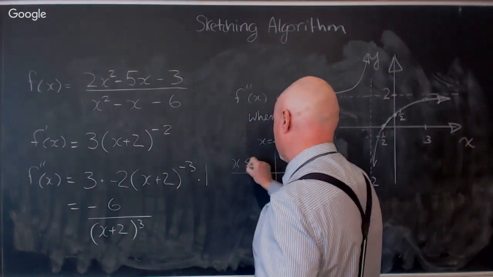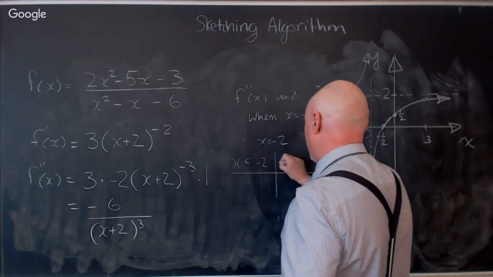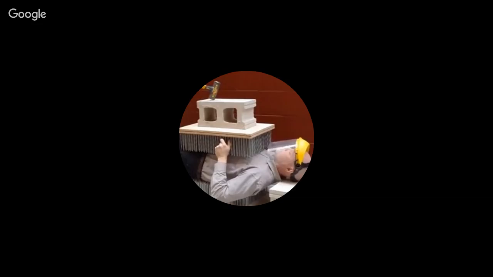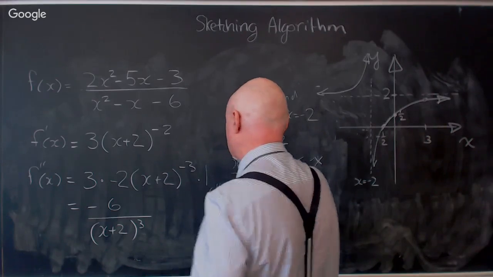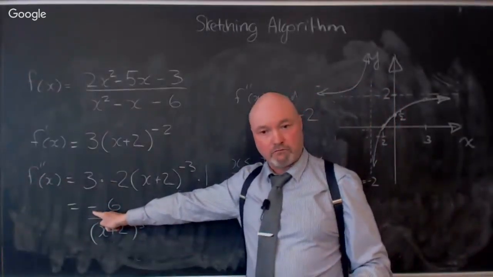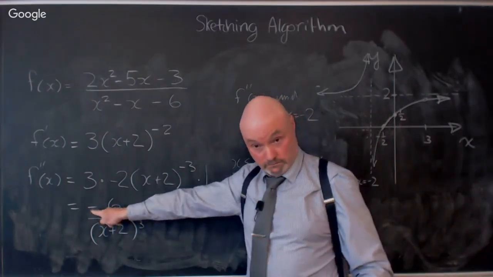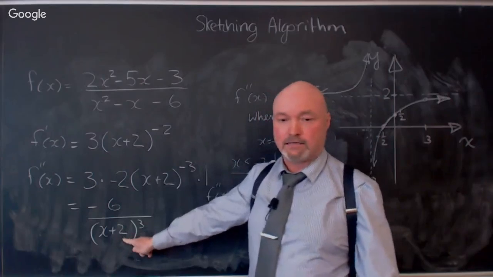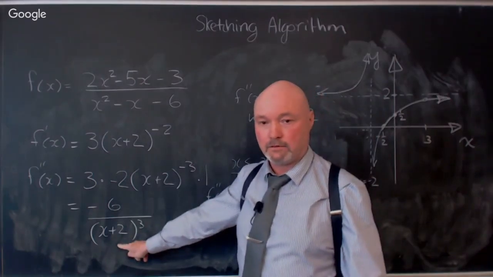Okay, so x is less than -2, and -2 is less than x. And we're interested in the value of the second derivative. This has got a negative sign out in front of it, so we just have to remember that negative sign. Okay, x is less than -2. What's the bottom?